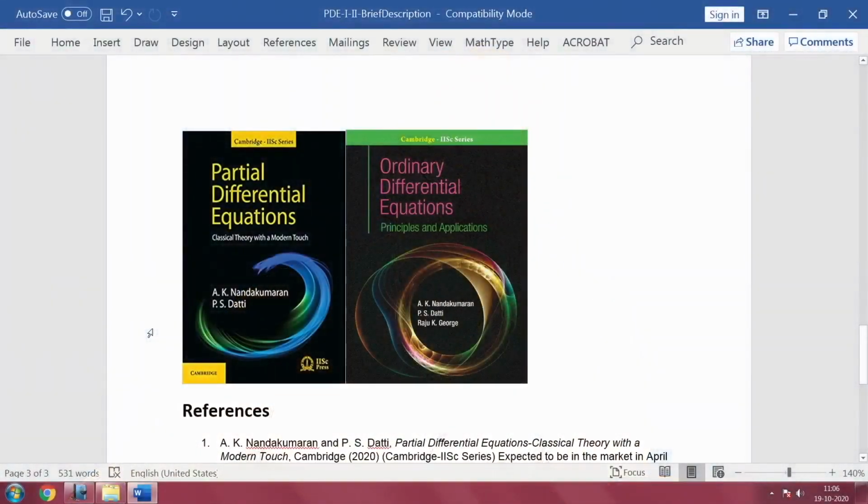So, let me give you some references. Let me briefly tell you our aim is to essentially cover our recent book on partial differential equations, classical theory with a modern touch.